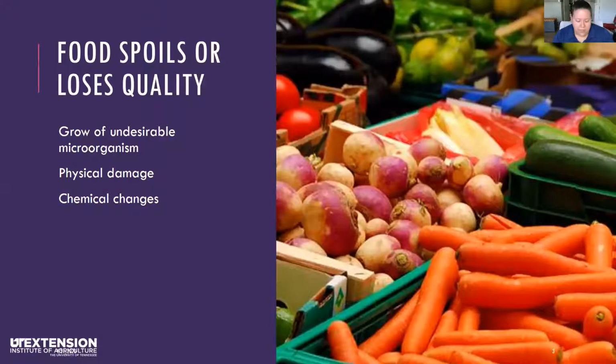One of the first things to talk about is that food spoils or loses its quality. Most fresh foods have a very high water content, and so this makes them very perishable. They will spoil or lose their quality because of the growth of undesirable microorganisms, some physical damages, or even chemical damages that they might get while in process.